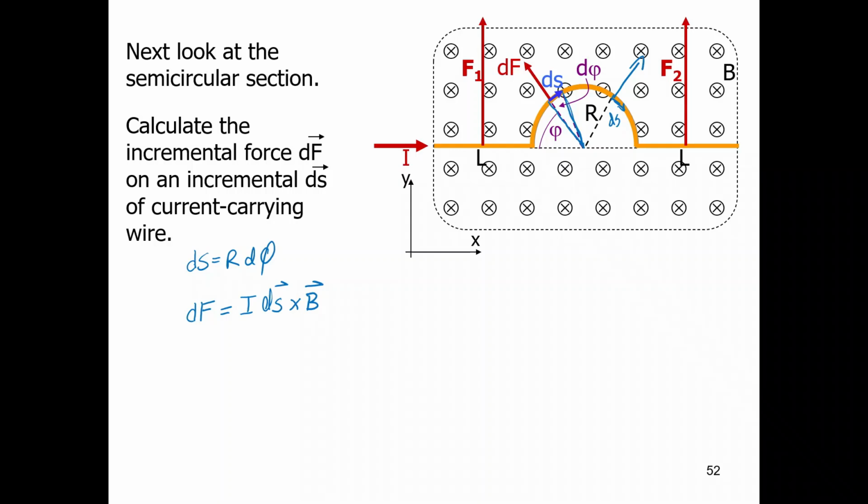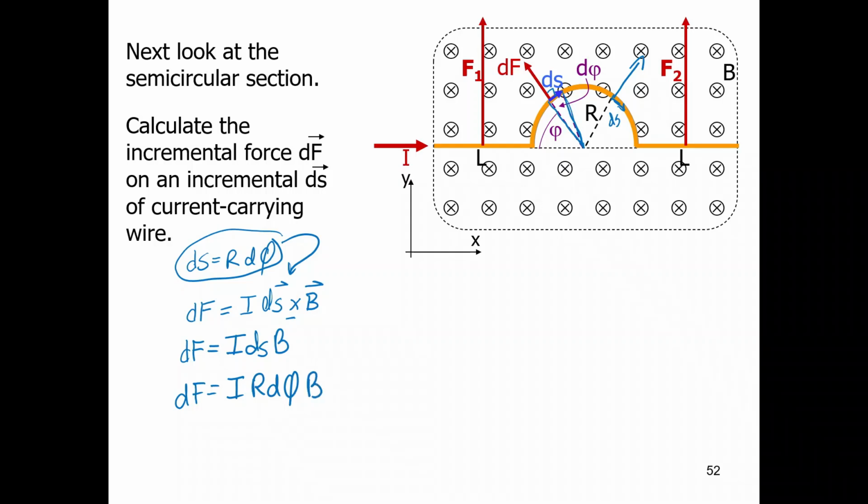So with this, we can take this definition of dS and sub in here, recognizing that these are going to be 90-degree angles for everything, so I don't need that cross product because my dS is already perpendicular to B. So I can write this as dF is equal to just I dS B, and then sub in, so dF is equal to I R dphi times B. In this case, R is a constant because that's a fixed radius loop.